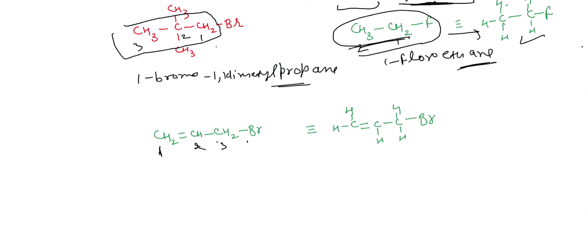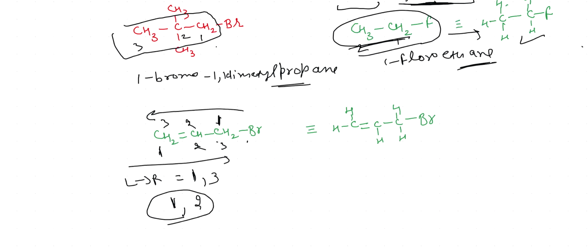1, 2, 3. Here, when you go from left to right, the double bond gets the first position and bromine is at the third position. When you go from right to left, like this way, then the bromine gets the first position and the double bond gets the second position. So the lowest locants are 1, 2. So this is the right way, to go from right to left.